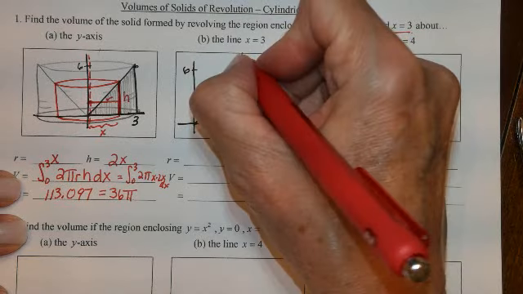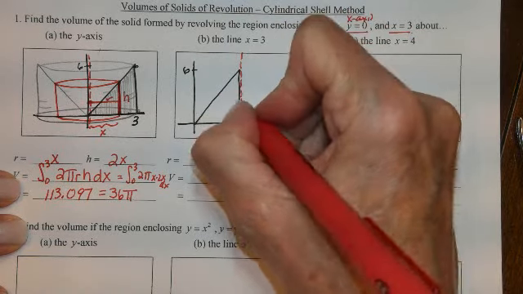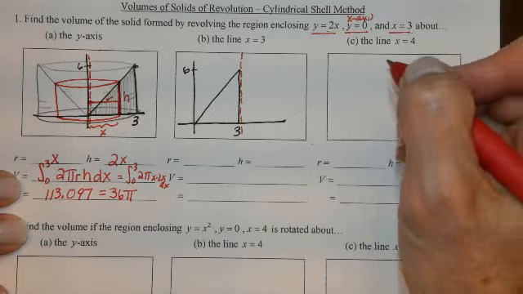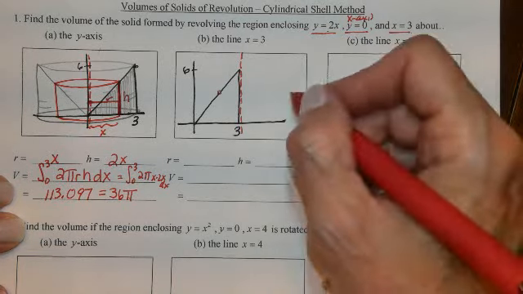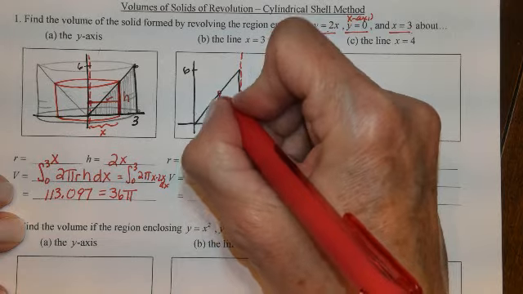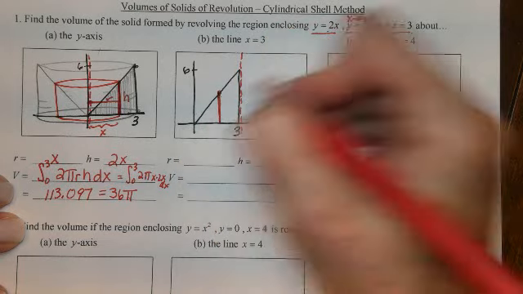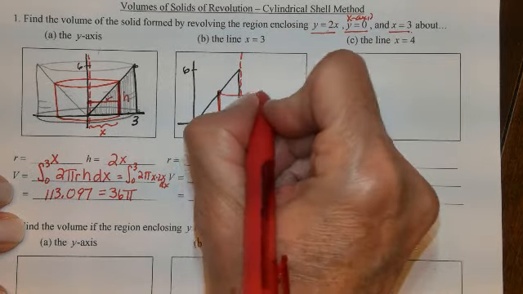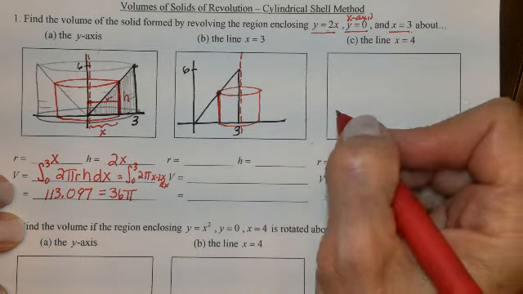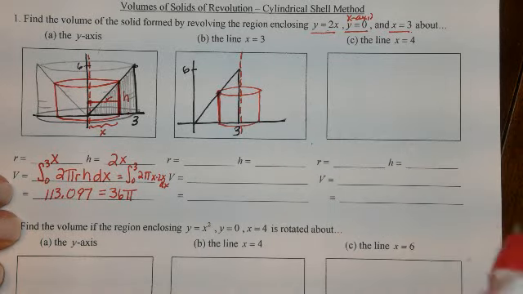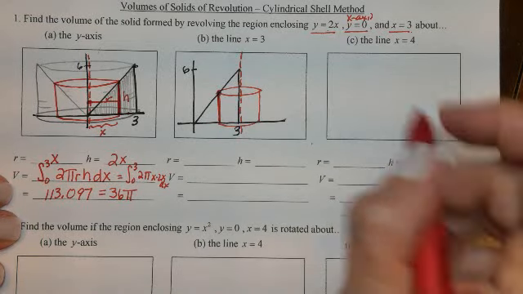Here's my axis of revolution. Okay? So we're going to draw a slice. This time I'm not going to draw the whole solid. I'm just going to draw my slice. There's my slice. And I'm going to revolve that one slice so that I like to see my cylinder in here. So view your cylinder. It will help you, okay?